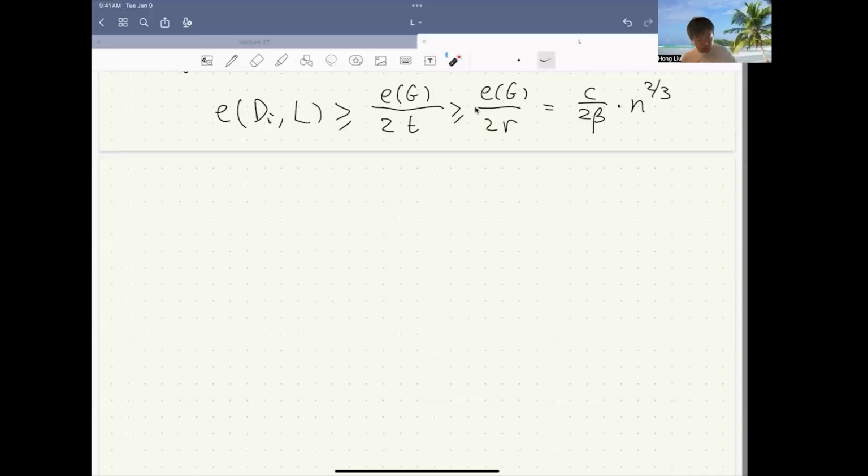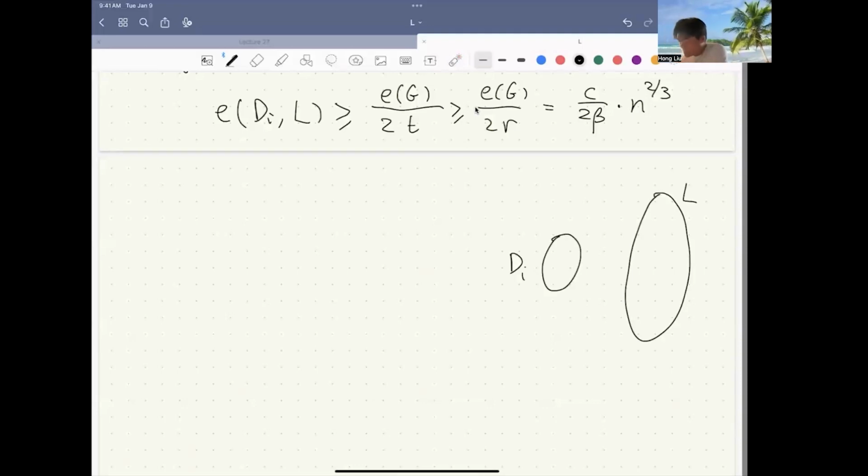Now we focus on this L and Di at this moment. Let's define the set L prime, which is a subset of L. What do we know? We know the vertices here from the right, after the cleaning, to Di either send at least 3 edges, or have no neighbors, because if you send at most 2 to Di, we delete them already.